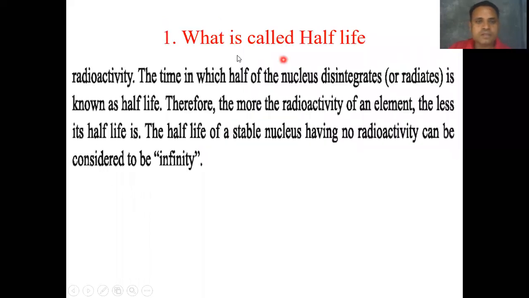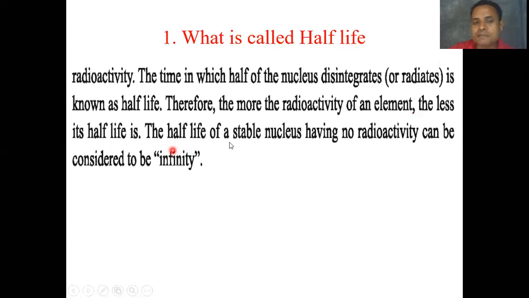So first of all, what is called half-life? I have described radioactivity in my previous class. In radioactivity, the time in which half of the nuclei disintegrate is known as half-life. Therefore, the more the radioactivity of an element, the less its half-life is.